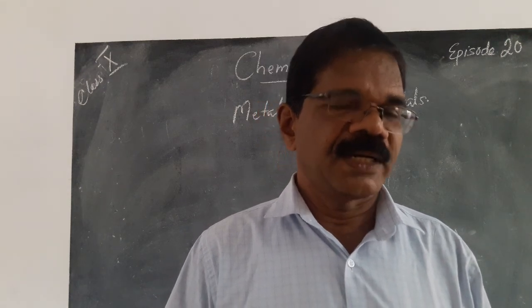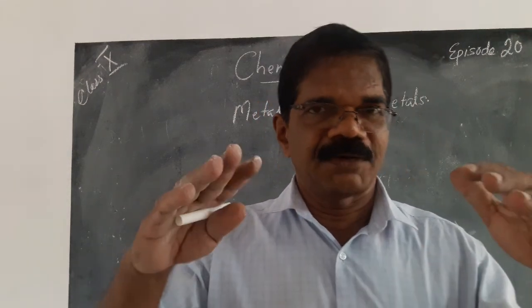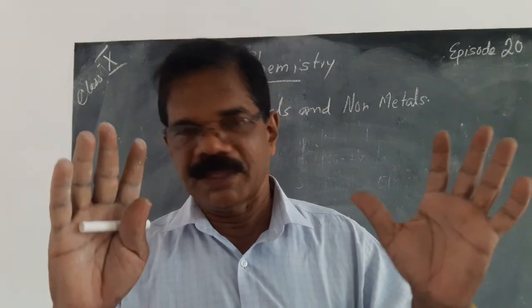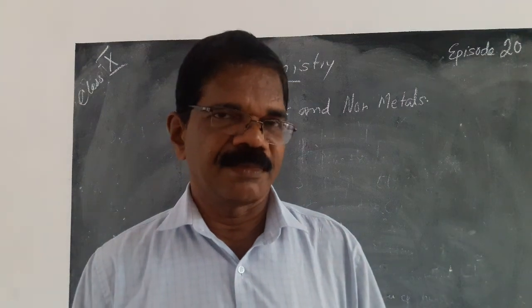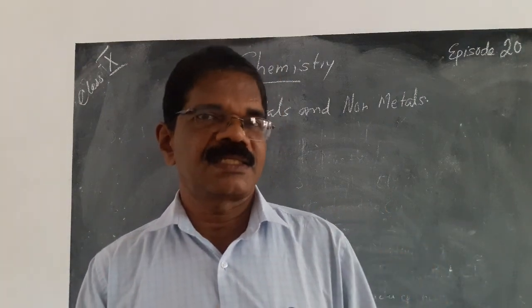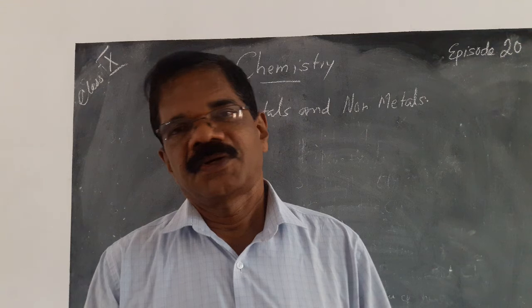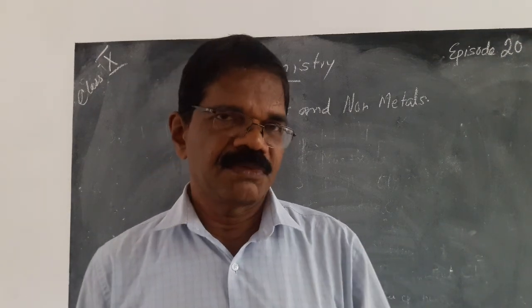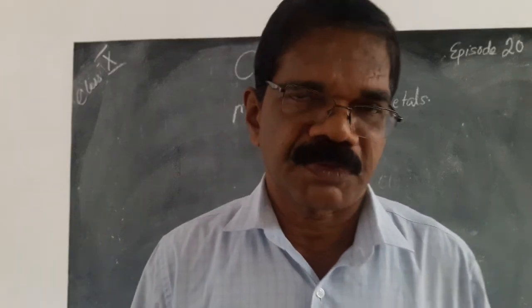They are the common non-metals. Then we can list out the common properties on both sides and compare them. Our major aim is those elements on both the metal side and the non-metal side which show exceptions to these common properties.